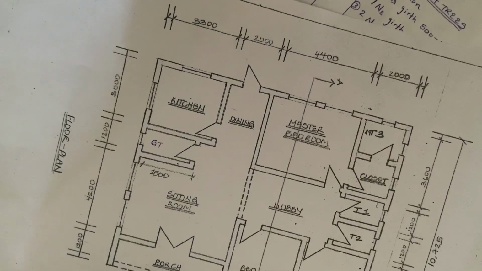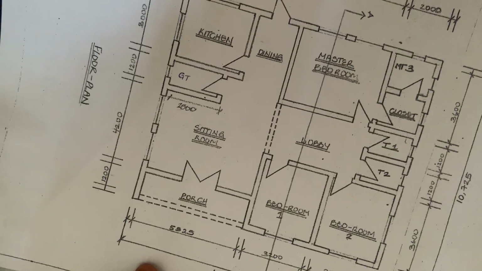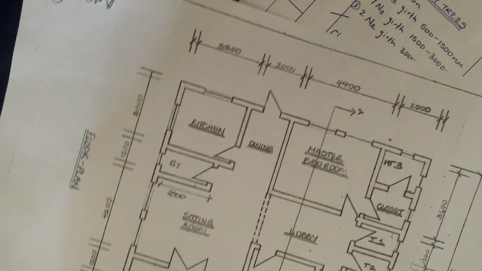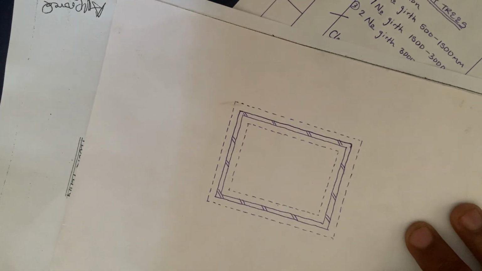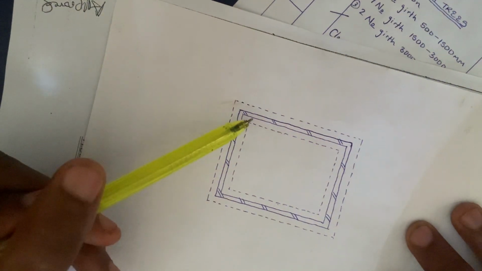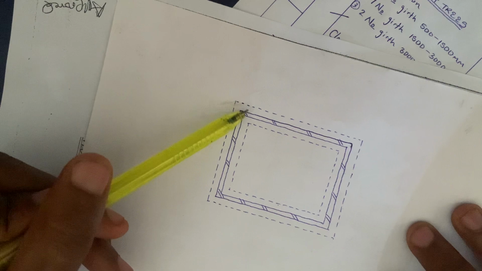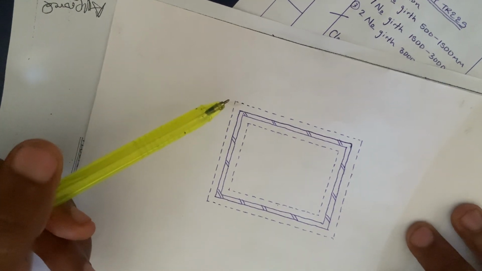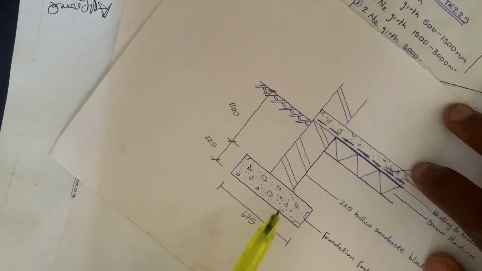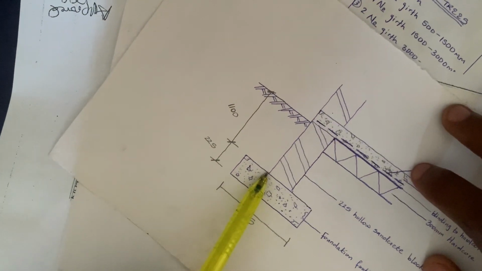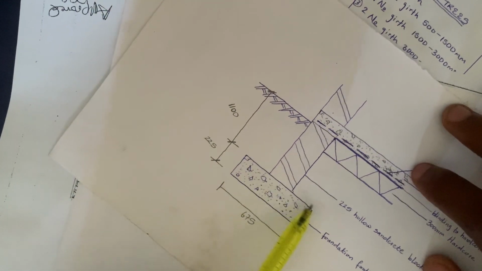Now, if you look at this floor plan, it looks like a regular square, something like this. Now, the spread we're going to be adding is the footing of our foundation. If you look at this foundation here, you will see that after our wall, there is a space here and there's a space here.